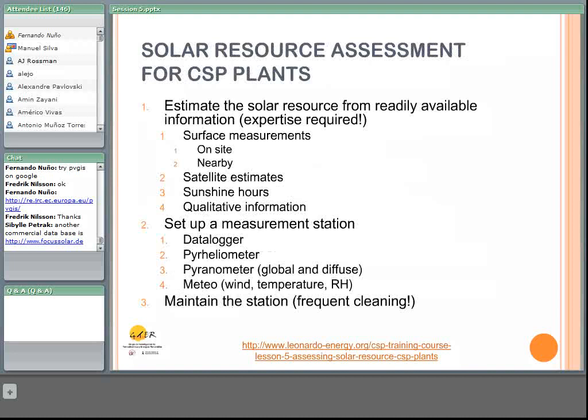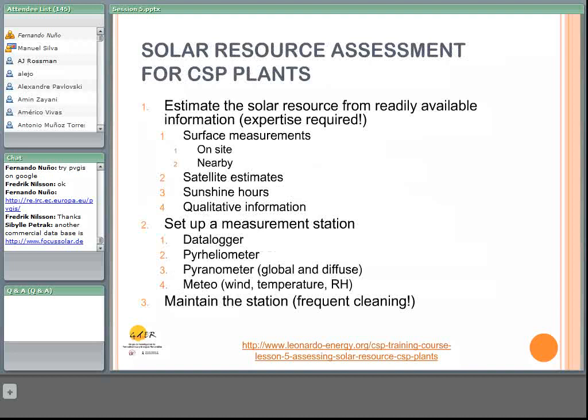What kind of information should you look for? First of all, surface measurements, if available, very close to the site, that's the best, or in the surroundings. The surroundings may be in a radius of a few tens of kilometers. If it's closer, it's better.